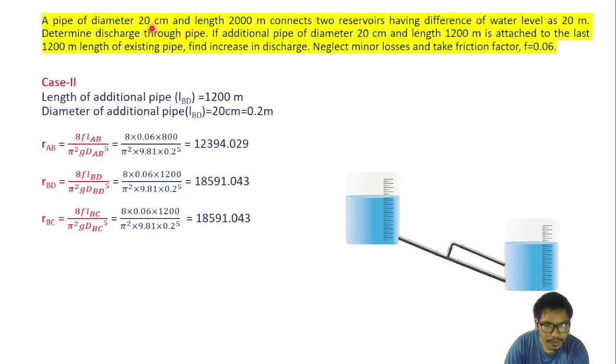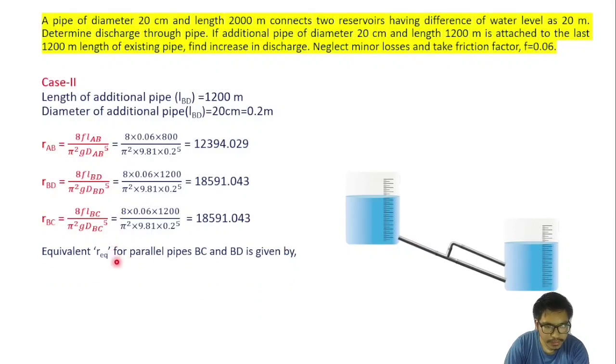Pipe diameter is 20 centimeter for all, that is 0.2 meter. And these two lengths are both the same, 1200, so we got these three values.